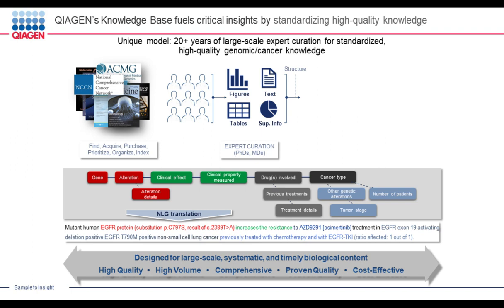Was there any information about drugs? And if so, what were the prior treatments and treatment details? Was it a cancer type? What type of cancer type was it? And was there a number of patients that were tested? And with the cancer type alteration, what stage of tumor was it? You take that information and you put it into a structured knowledge base.